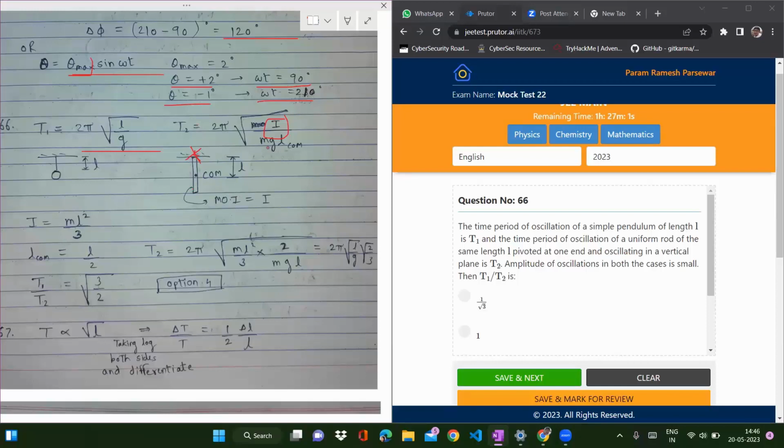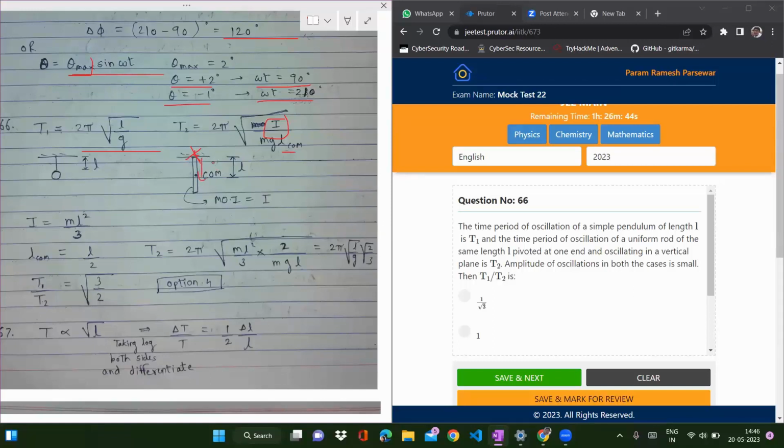And here in mgl, m will be the mass of the rigid body, g is the acceleration due to gravity, and l_com is the distance of the center of mass from the hinge point.